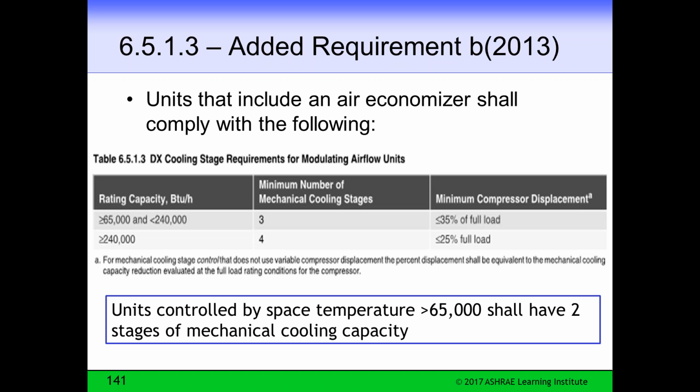That means by a thermostat in the room instead of the air supply temperature. Greater than 65,000 shall have 2 steps of mechanical cooling capacity, is the main rule. Anyway, this will match the fan energy requirements. So we'll step down compressors, we'll step down fans.